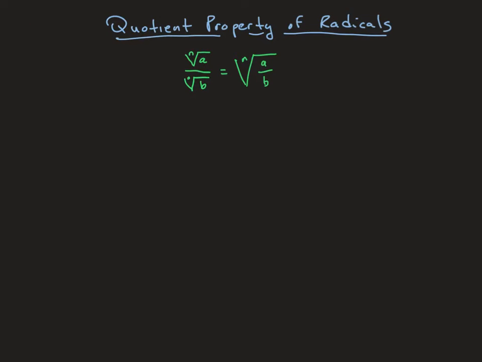So as we talk about the quotient property of radicals, we would look at the a to the nth root over b to the nth root, which is the same thing as a over b to the nth root. So that's the property that we can just create that fraction underneath the radical.